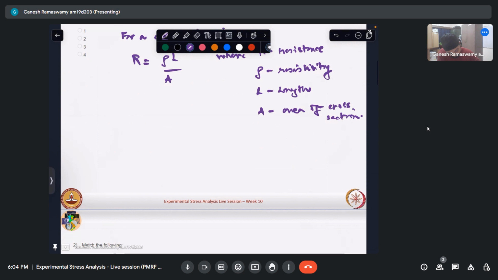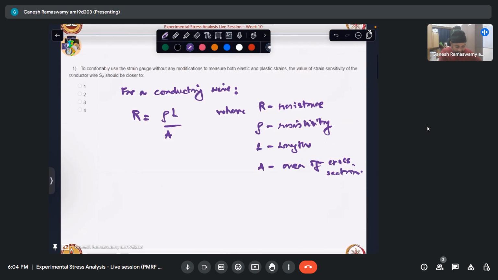Our motive in strain gauge instrumentation is to relate the change in the resistance to the change in the length, basically strain. Change in length divided by the original length gives us strain. So we want to relate it to the change in the resistance of the wire by suitable calibrations.